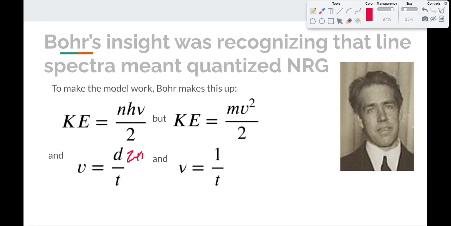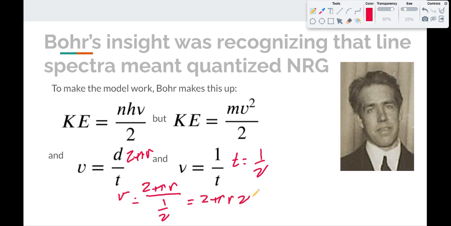Well, it's 2 times pi times the radius of the orbit, because it's a circumference. And if frequency is 1 over time, then that means time is going to be 1 over frequency. So to get velocity in other terms now, we could just say that velocity is equal to 2 times pi times r divided by time, but time is 1 over frequency. So that means velocity is 2 times pi times r times frequency.